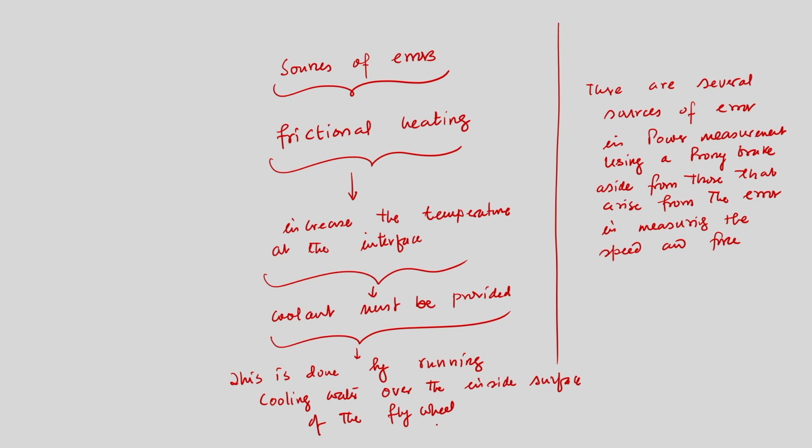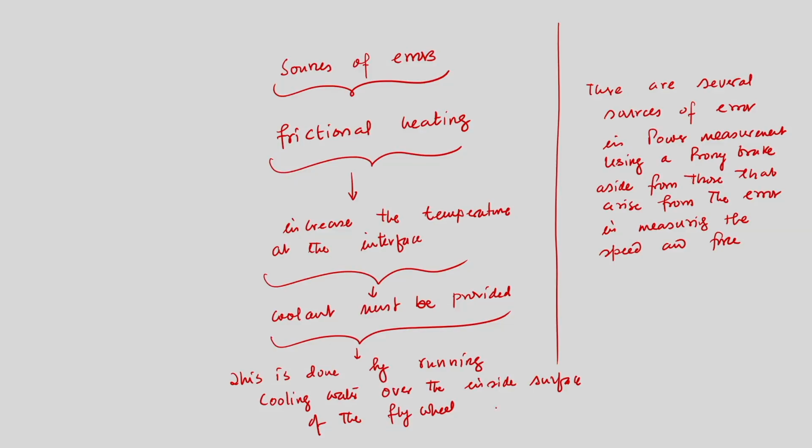So, on the inside surface of the flywheel we can supply cooling water essentially to cool down the temperature being developed because of the dissipative effect. Now, when we are supplying coolant for this purpose, that is to reduce the temperature, what will happen?